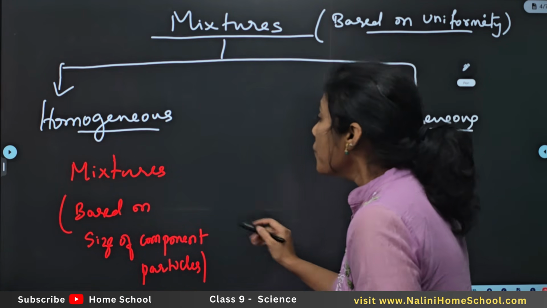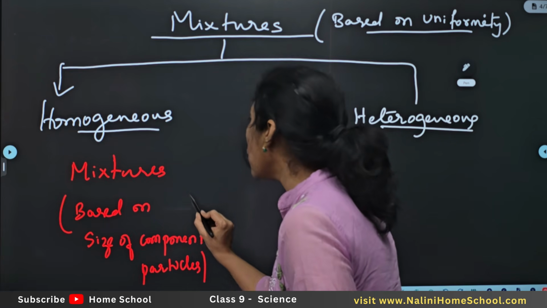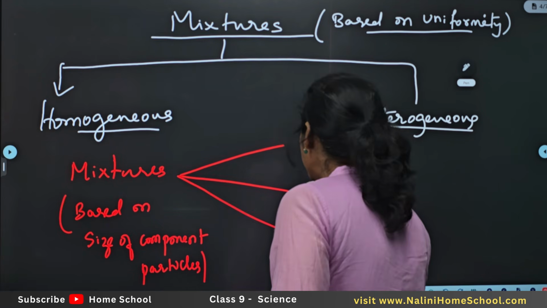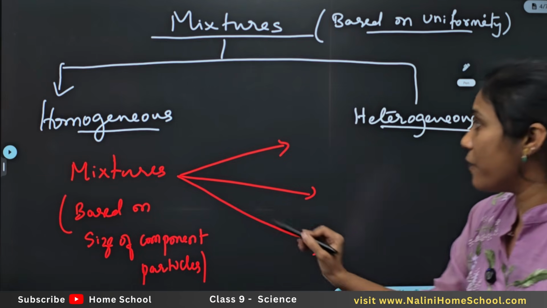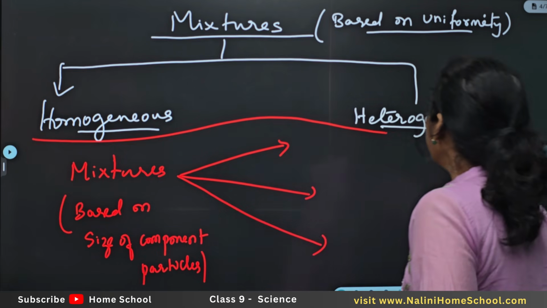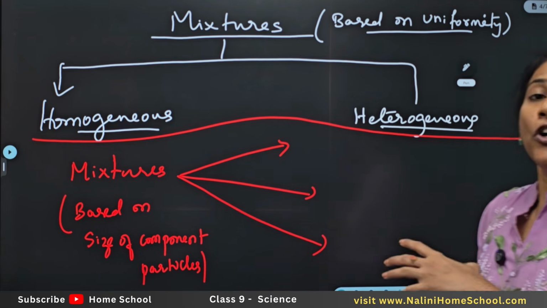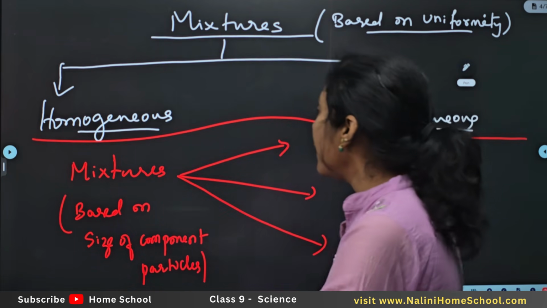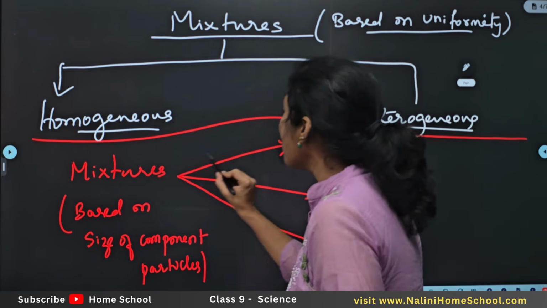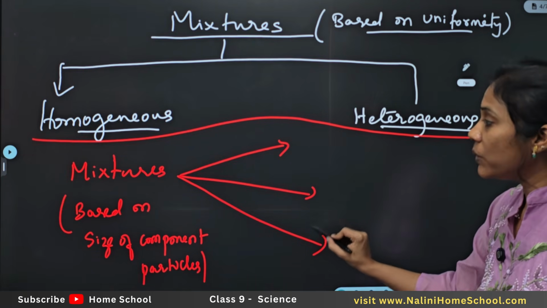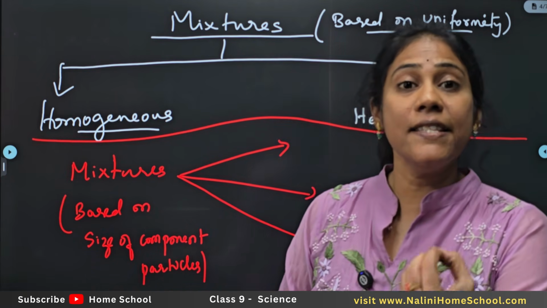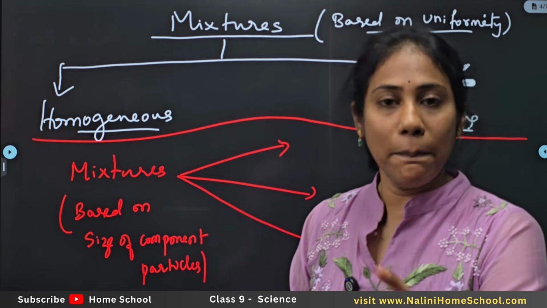So based on the size of component particles, mixtures are divided into three types, guys. This classification is very, very important to understand, though it is not directly mentioned in the NCERT textbook. Mixtures are classified into three types, but on what basis? It is based on the size of component particles.